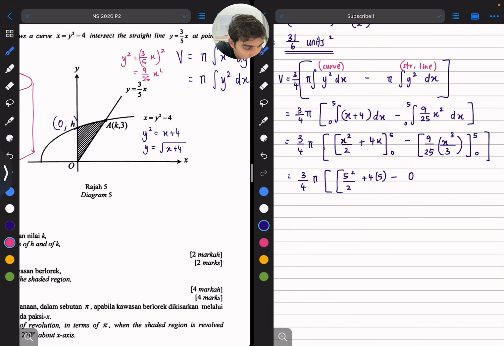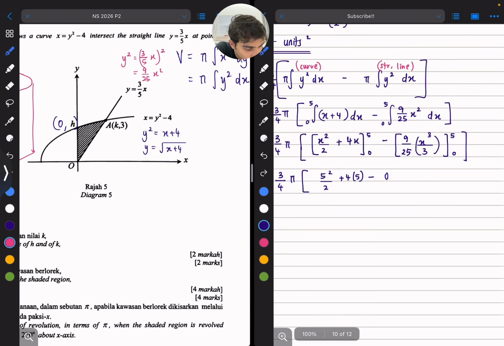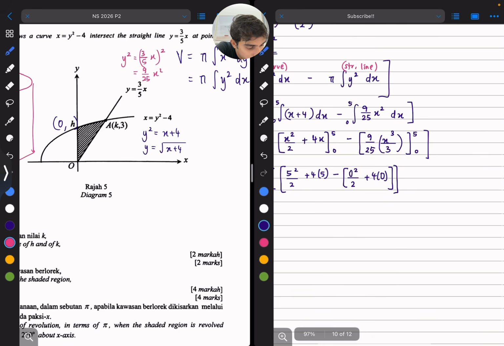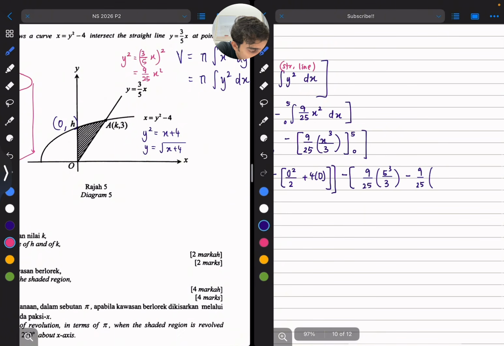okay, when you sub in 0, you'll just get 0. Okay, but actually the best practice is showing the examiner lah. So you put 0 square over 2 plus 4 times 0, okay, then minus, this side will be 9 over 25 5 cube over 3 minus 9 over 25 0 cube over 3.